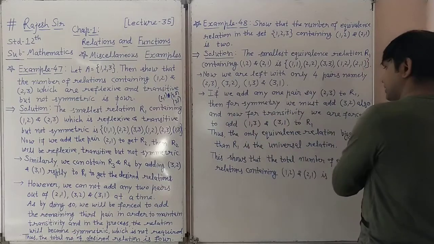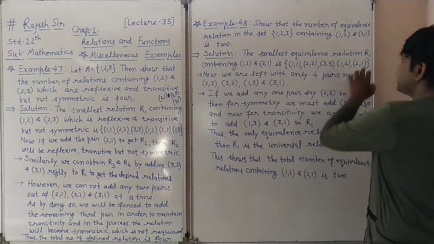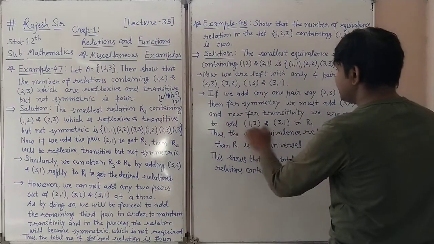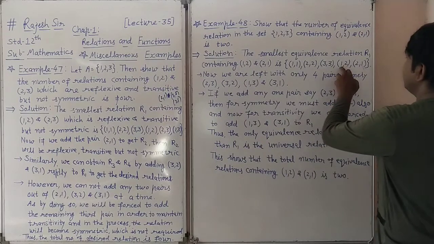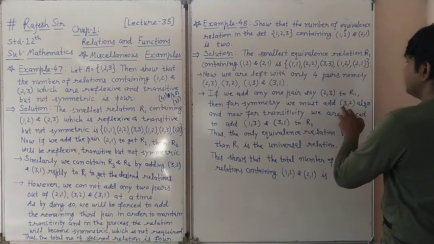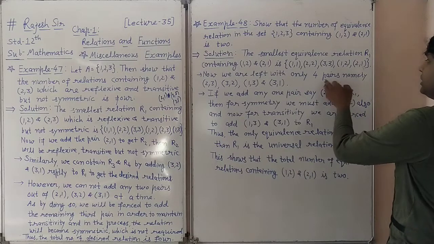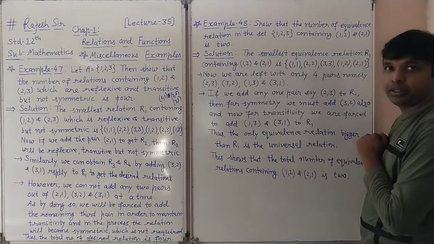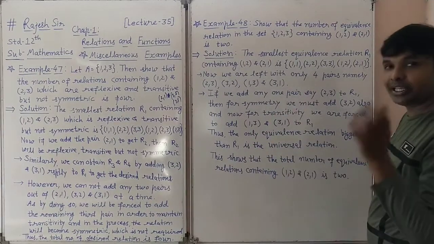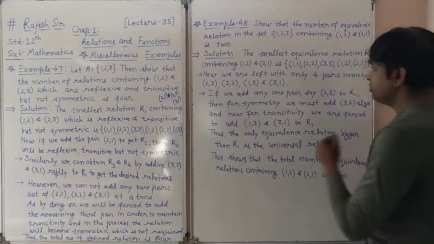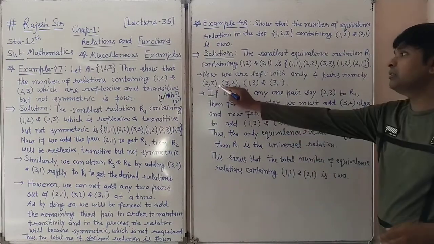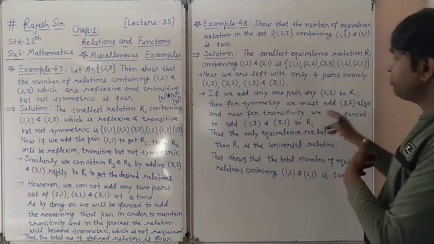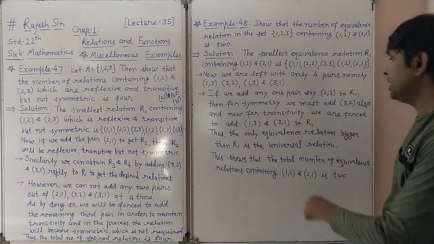Now for transitivity, we are forced to add 1 3, because 1 2 is there and 2 3 will be there. And if you add 1 3, to show symmetry again, we have to add 3 1. Means if you take any one, we are forced to take the left 3 also. All the 4 left pairs we have to add to R1.